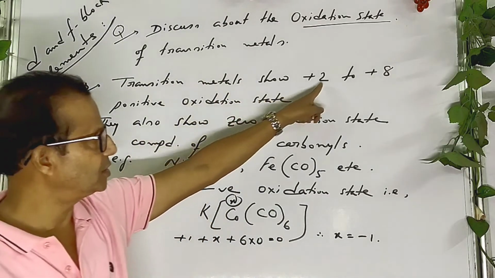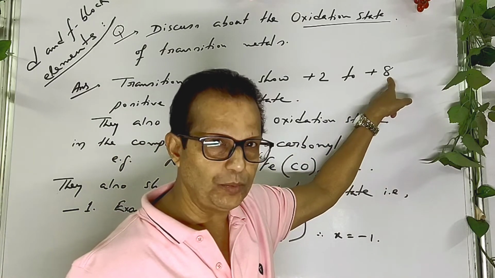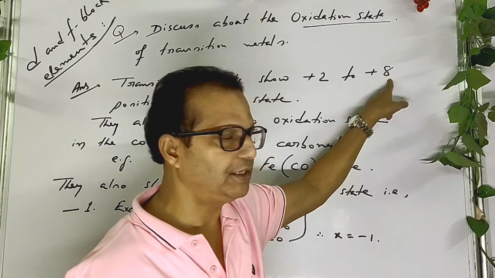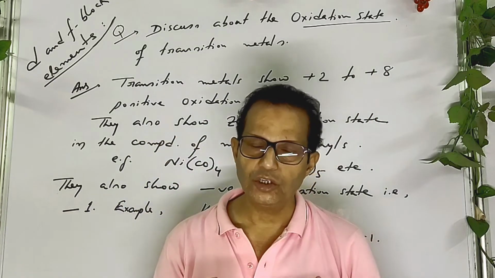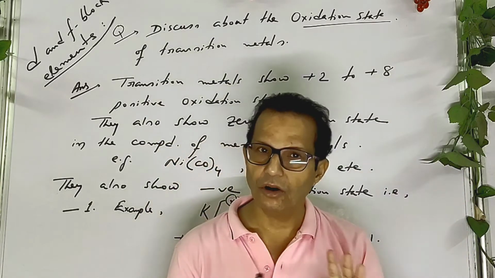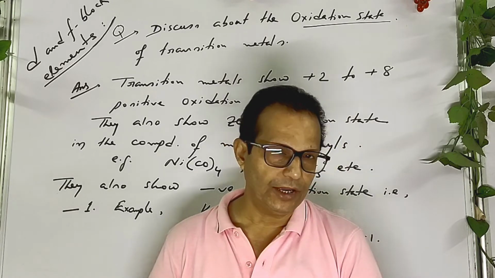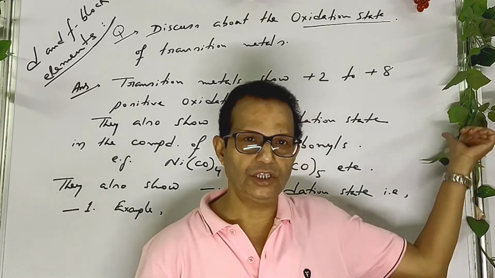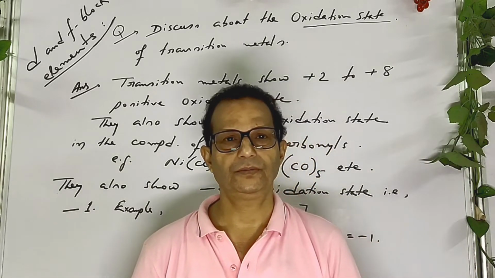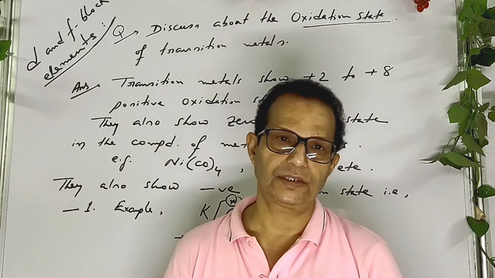Now the next question is, why do ruthenium and osmium show the highest oxidation state of +8? Remember it, transition metals show the highest oxidation state of +8, not all. Only ruthenium, Ru, and osmium, Os, show their highest oxidation state, that is +8. Not in all the compounds, only in compounds of oxides and fluorides.